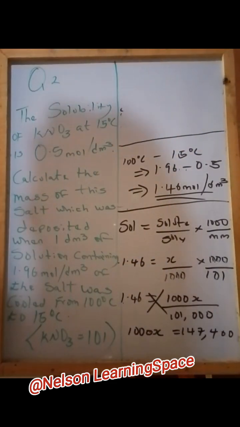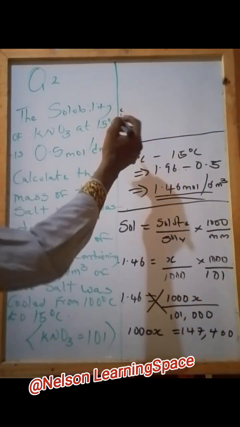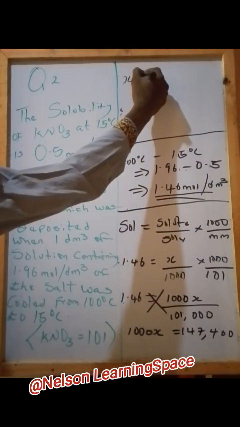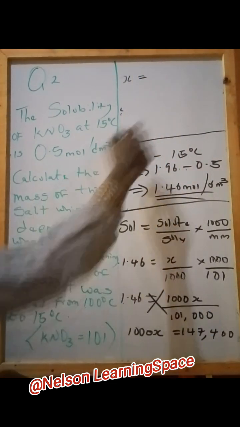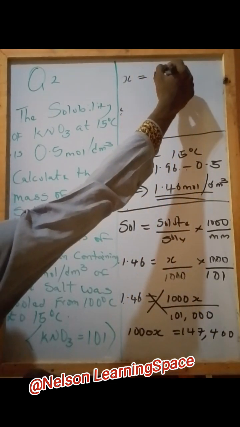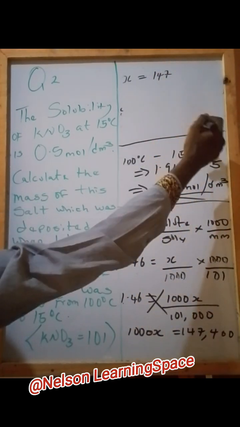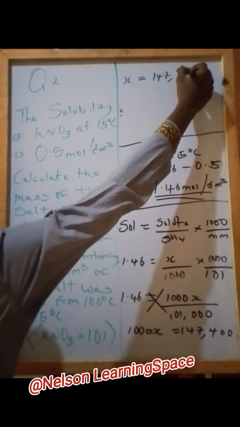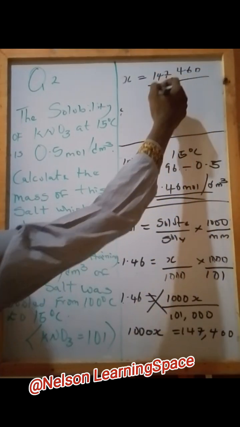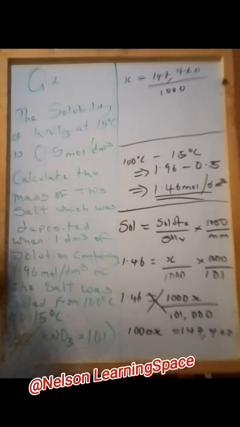Okay, so if you make x the subject of the formula, that will give you x equals 147,460 over 1000.